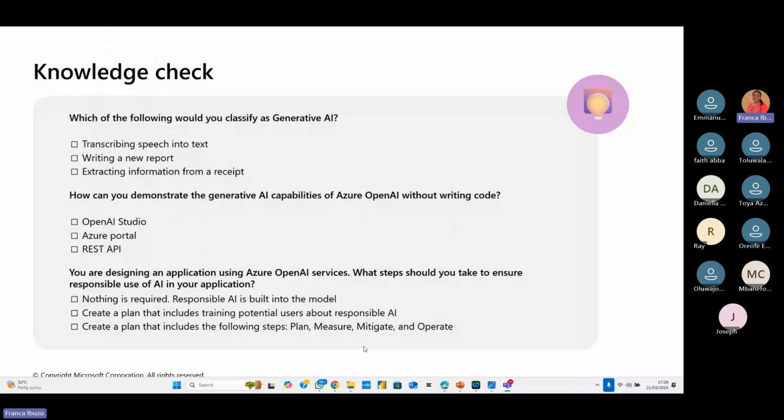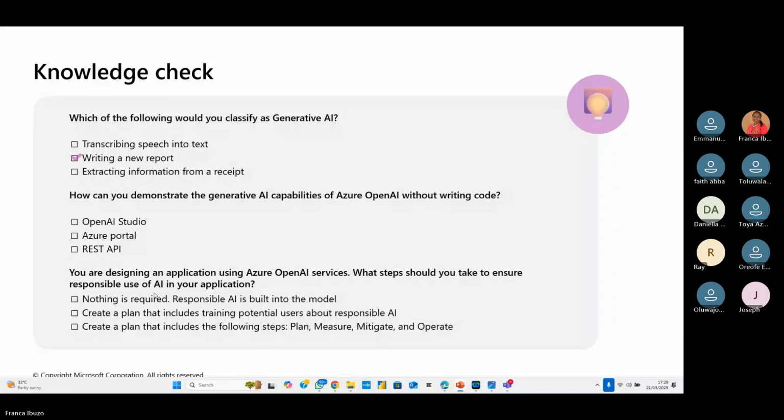Okay, all right. So do we all agree with him? Which of the following would you classify as generative AI? And he says writing a new report. Yeah? Okay, you agree, I can see thumbs up. Okay, the second one.